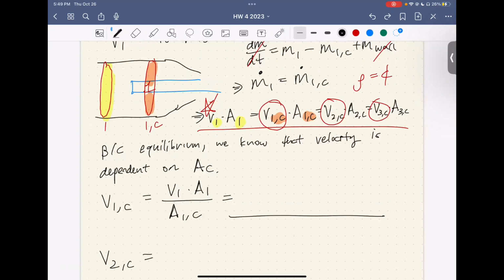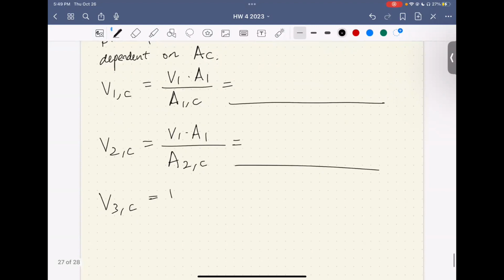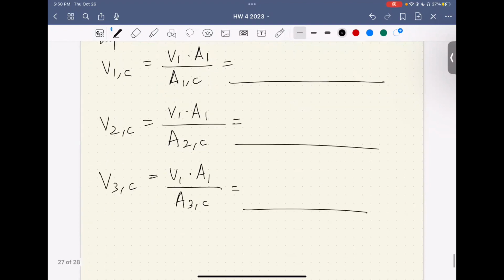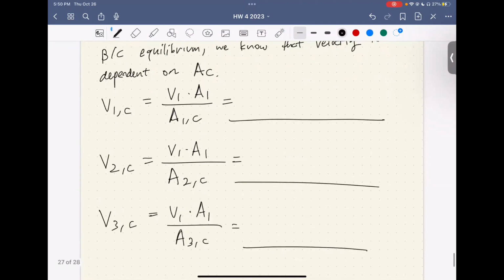Because of the equal signs, equality, we can also say V1A1 over A2C, right? And same with here, we can say V1A1 over A3C, okay? I just want to highlight that because of our conservation of mass. That's where this all connects.